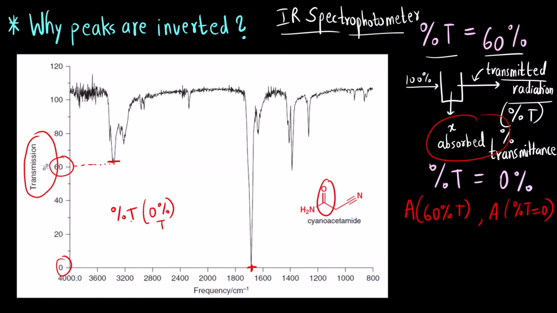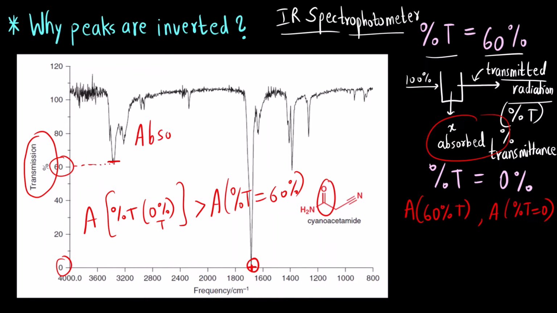When you calculate, you will find that for this carbonyl peak, the absorbance is going to be greater compared to the absorbance where the percentage transmittance is 60%. So what we are seeing is nothing but the absorption peaks. 100% transmittance means there is no absorption.